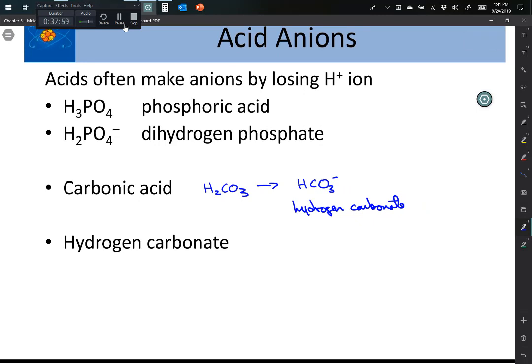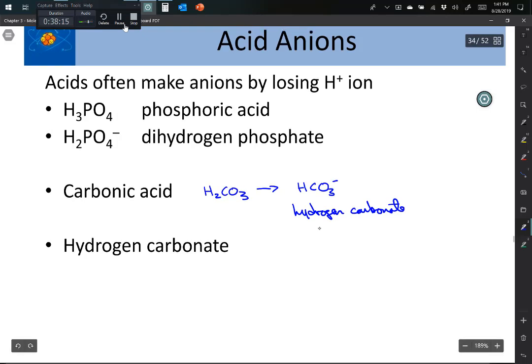The other real common name for this, and believe it or not, this is one of the few arguments that my wife and I have. And I'm recording this, probably shouldn't have said that out loud. But yeah, she says it's not necessary for you to know that it's bicarbonate. But that's the other name. If you have one of two hydrogens, like bisect, like you draw a line and cut it in half, it's one of two hydrogens, so bicarbonate.